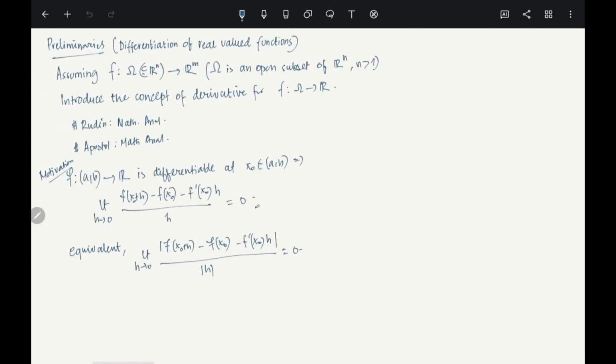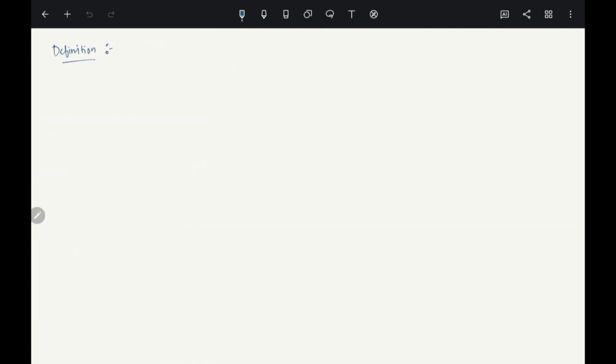So, definition. Please remember that the definition I am putting is for a function from Rn to Rm. So let f from omega, and whenever I write omega, please remember that it is a subset of Rn, to Rm be any given function.